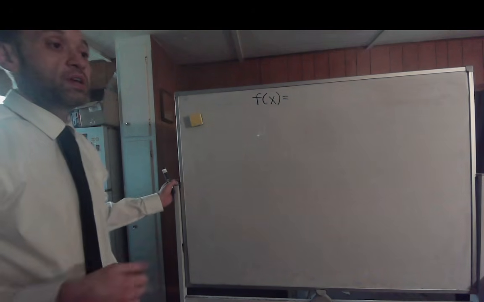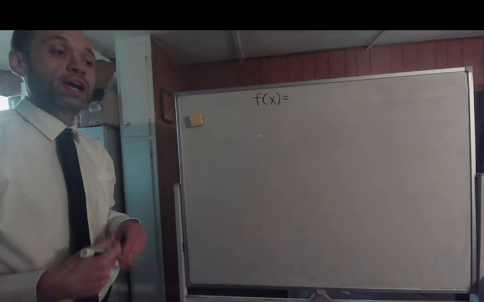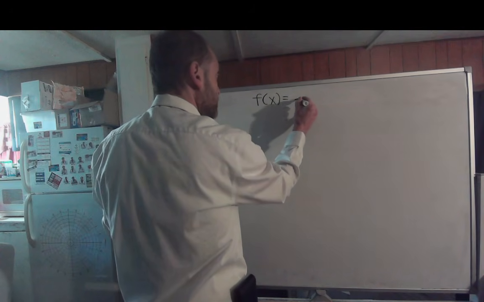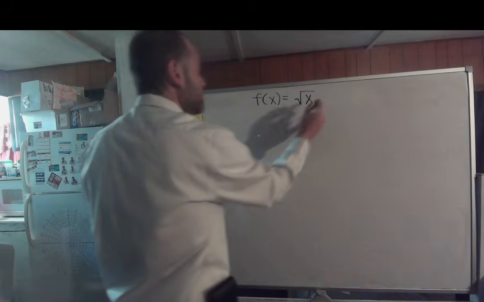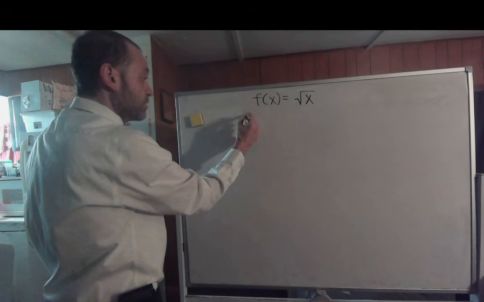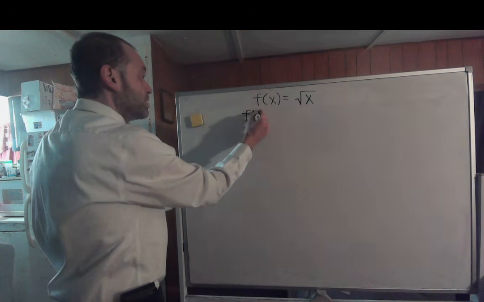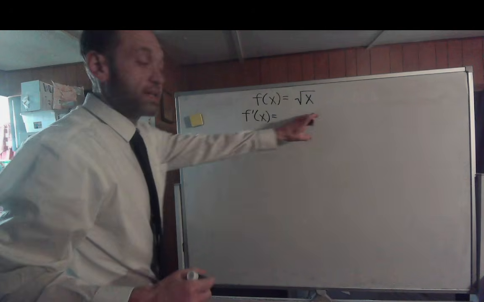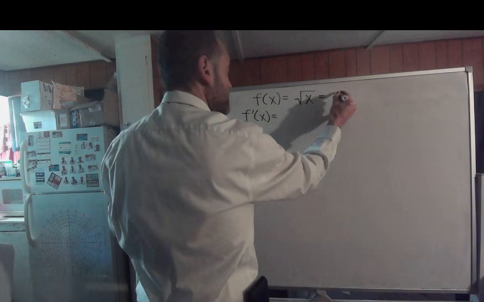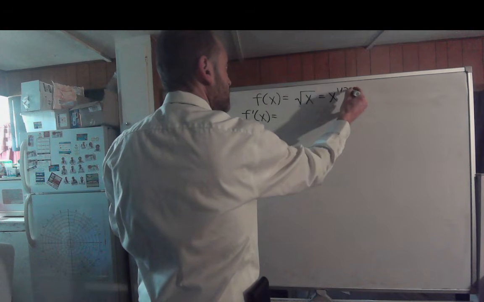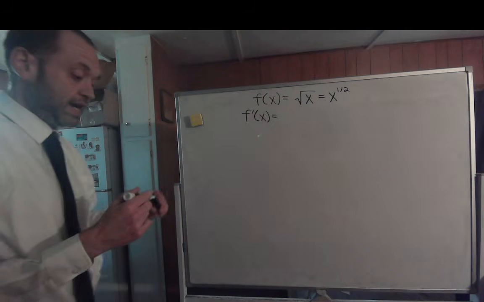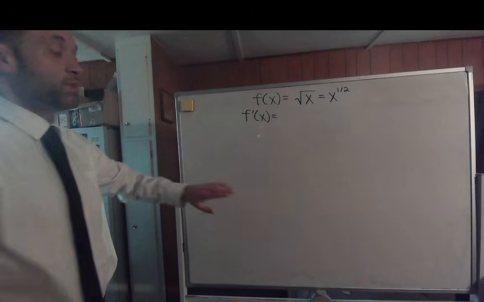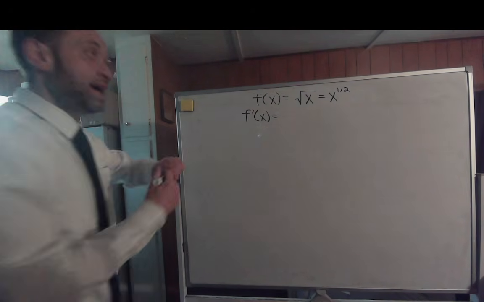Of course, the power rule also works if you have rational powers, such as, let's say, f of x equals the square root of x. We want to find the derivative of the square root of x. So we want to find f prime of x. Well, we know the square root of x itself, isn't that the same thing as x to the 1/2? So let's take x to the 1/2. Well, if we take the derivative, we'll bring that 1/2 down front.